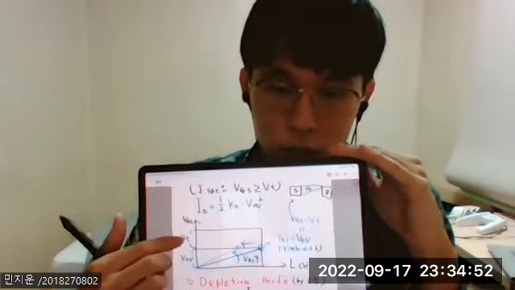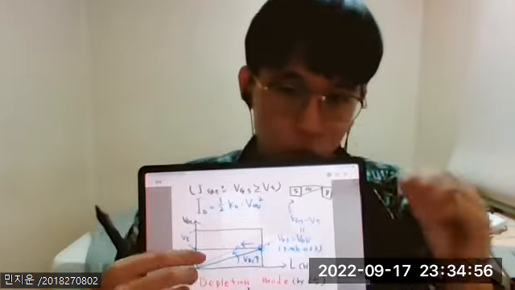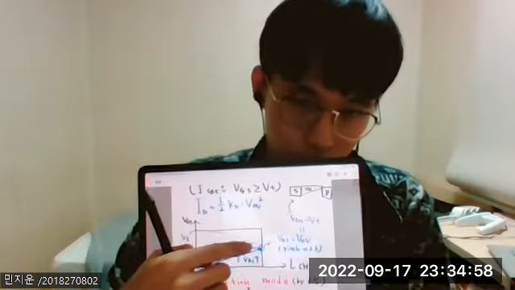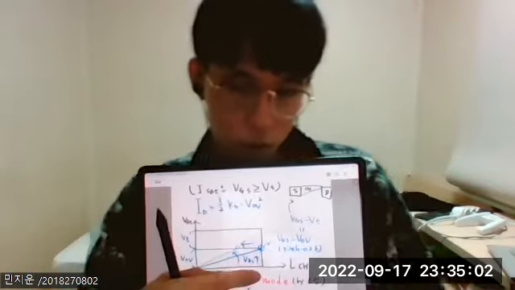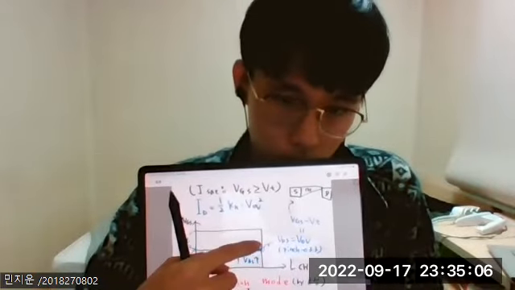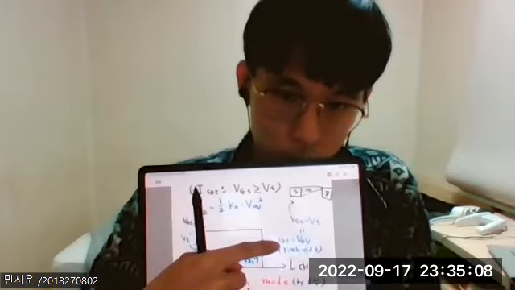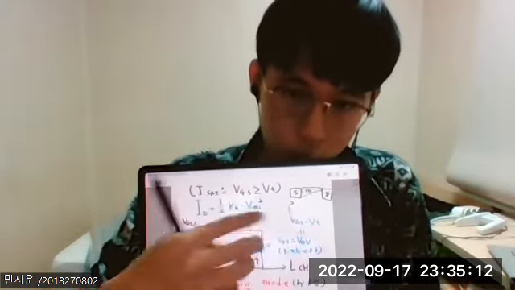Next, if you see this graph, gate voltage and channel length, the channel exists, and also the drain voltage is equal to the overdrive voltage.